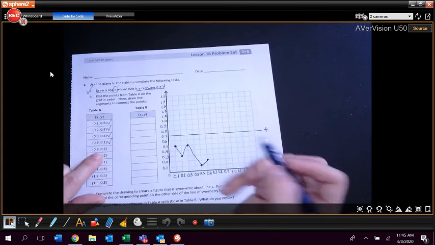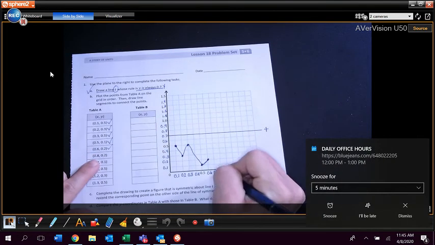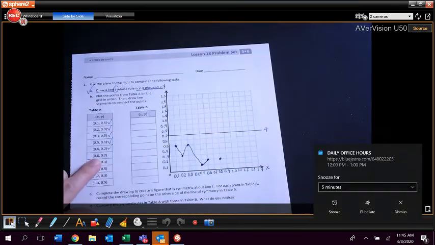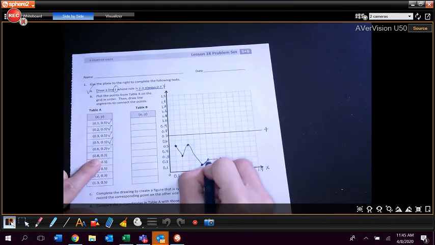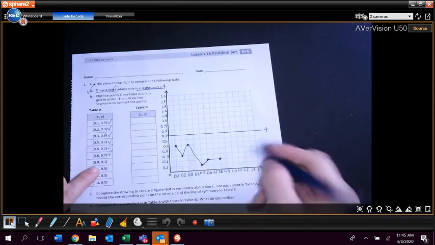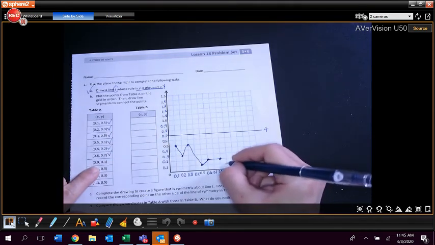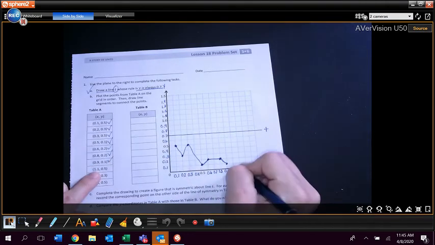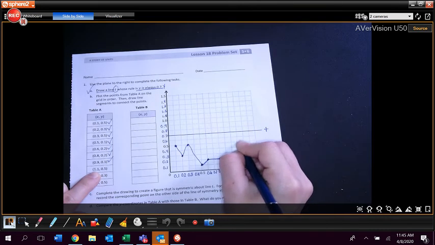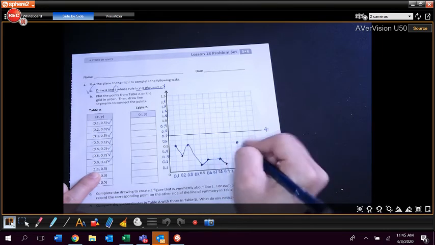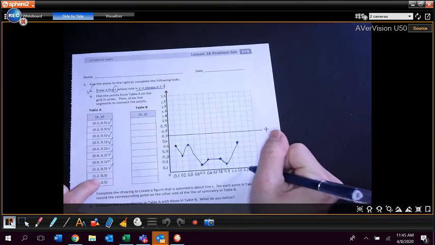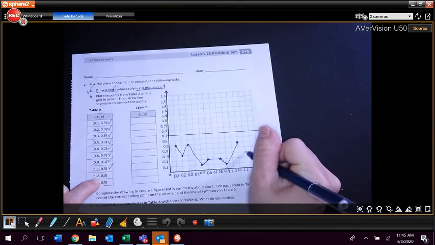Okay, then I did this one already, 0.8, 0.2, right here. Connect, 0.9, 0.1, 1.1, 0.5, 1.2, 0.3, right here.